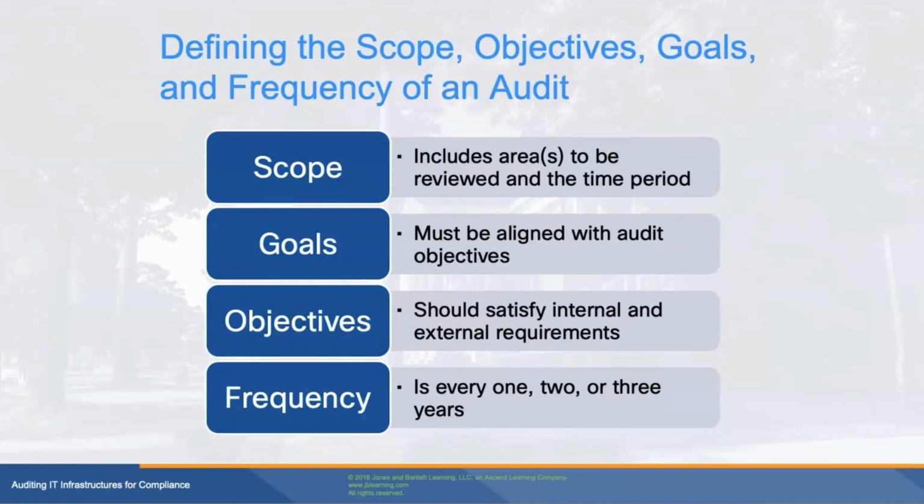So when we're planning the audit, we need to have people that can answer questions. We need to have the manpower to go check all the systems. If we don't, then that's part of the scope planning. We need to make sure that we have enough resources that we can do the audit. We don't want to make the time frame too short because we might not be able to do everything that we need to do for the audit.